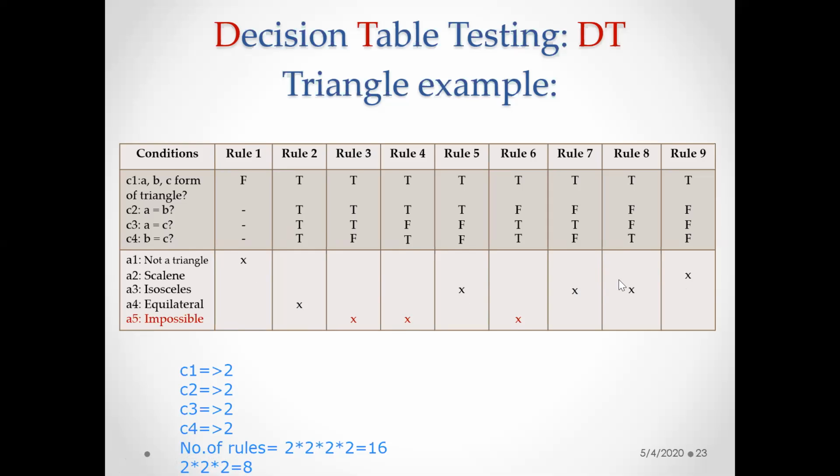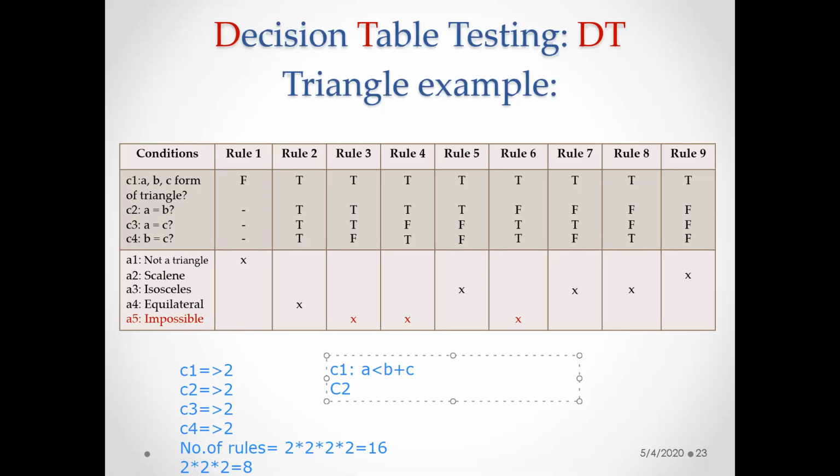I repeat this example once again. You can extend your condition to 2 more entries, so that 6 conditions can be considered. I'll make C1 as follows: if I say A, B, C are the 3 sides of the triangle, A should be less than B plus C. This is my condition 1.